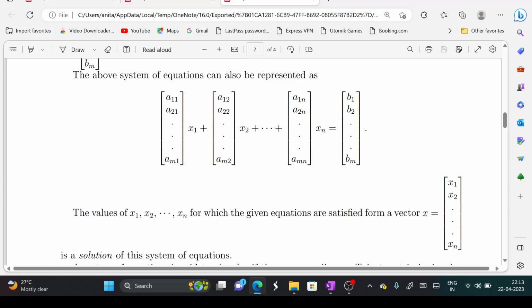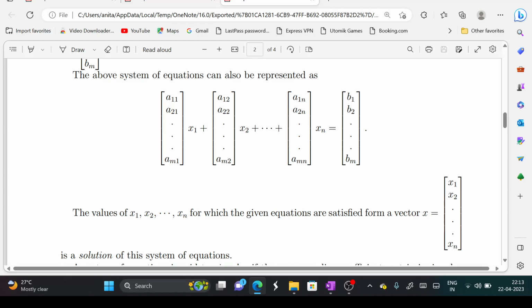So this system of equations has a solution if the B vector can be written as a linear combination of the columns of the coefficient matrix, and vice versa.